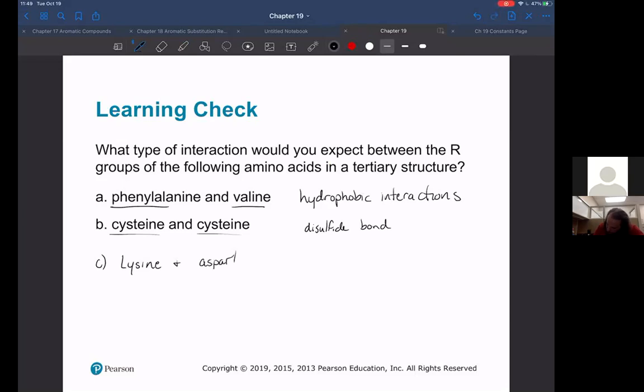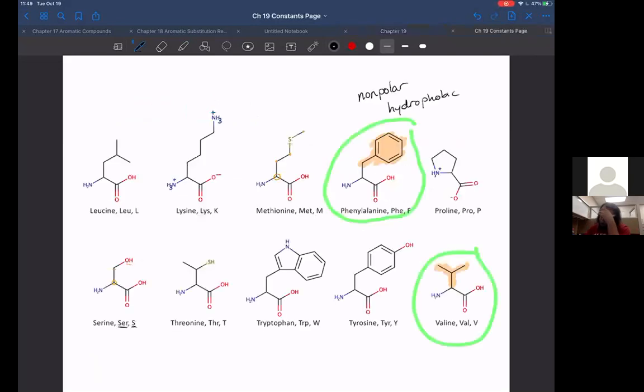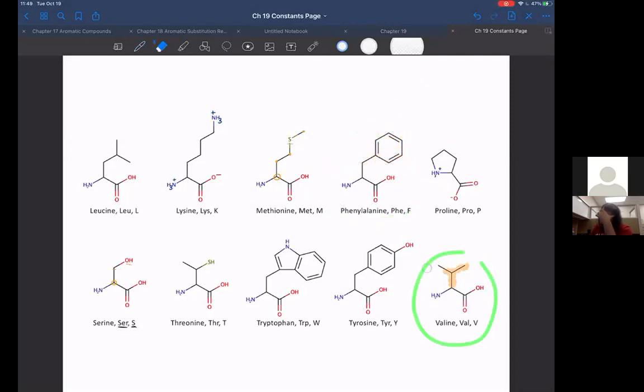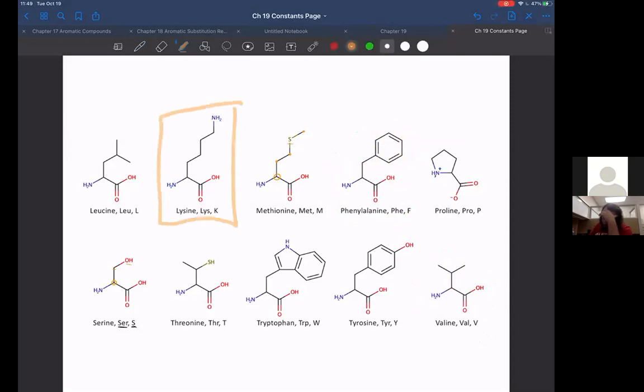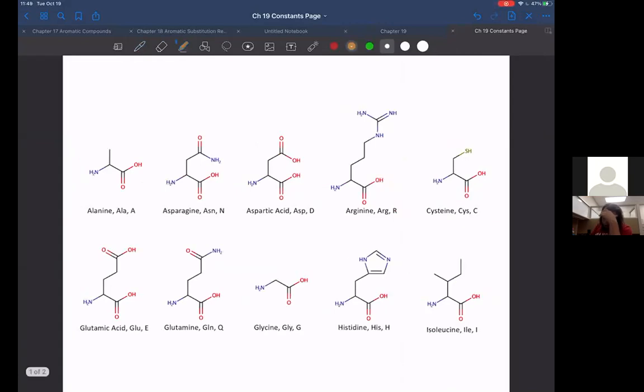And aspartic acid. So again, I'm going to have to go to my constants page here. Okay, between lysine and aspartic acid.